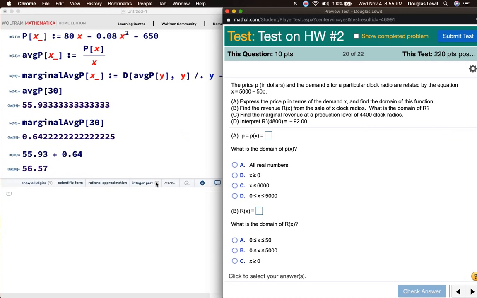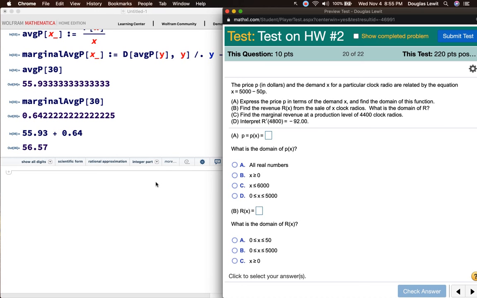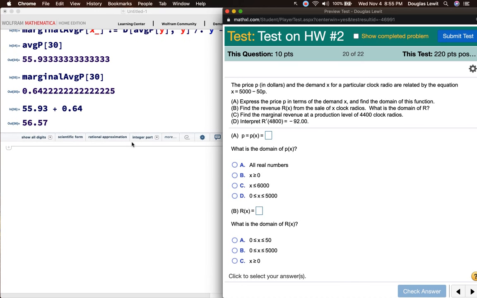Okay, so let's do this one by hand. I mean, I love Mathematica, but sometimes it's good to do certain problems by hand. Mathematica is a wonderful tool, but sometimes it can make people a little bit mathematically lazy. So let's do this one by hand. We have X is equal to 5,000 minus 50P.